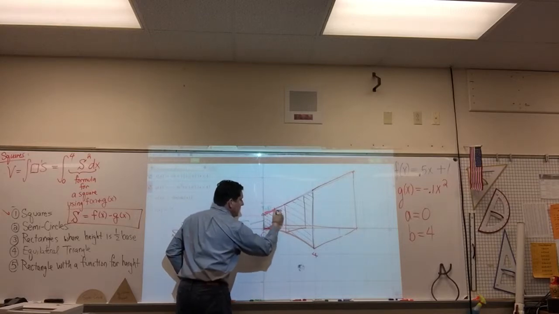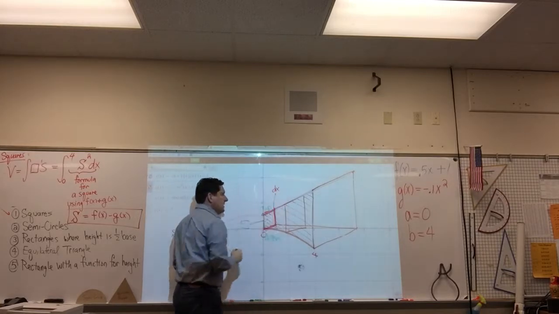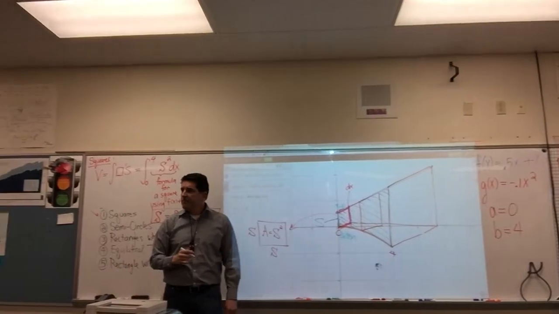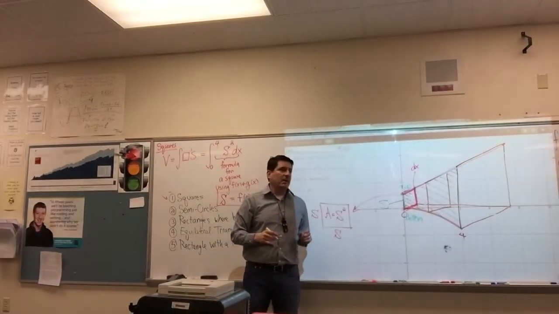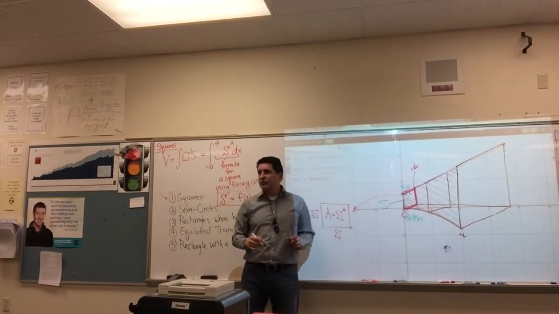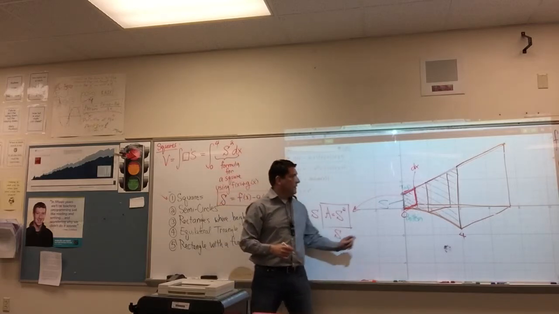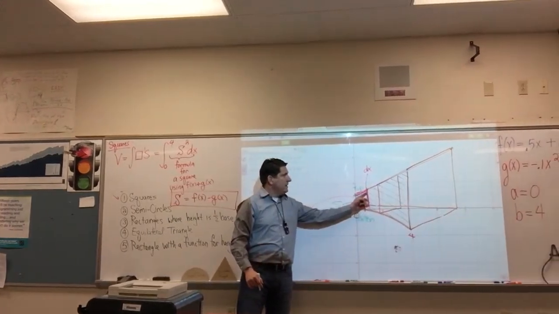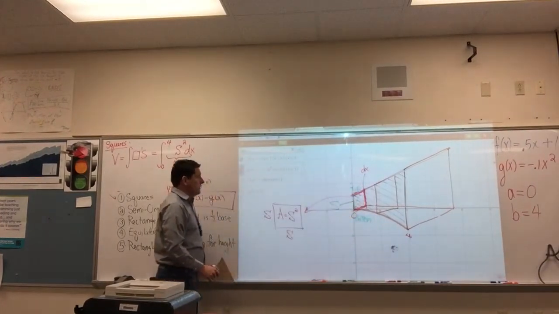And the thickness of this thing is dx. Think of it as like a rectangular prism. It's actually length times width times height, and the width of that thing is dx.